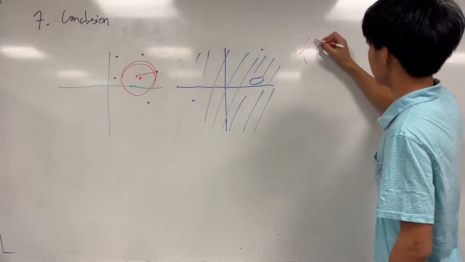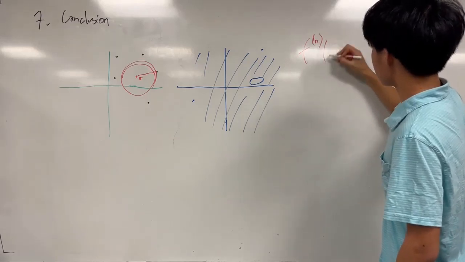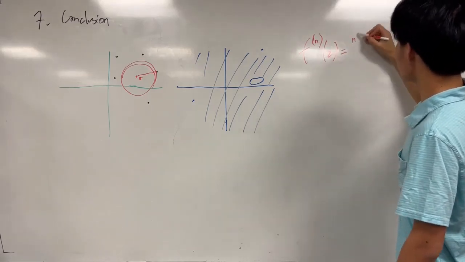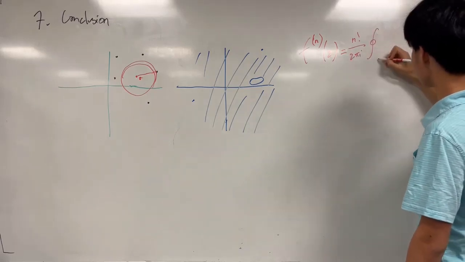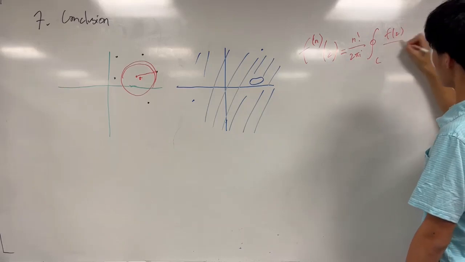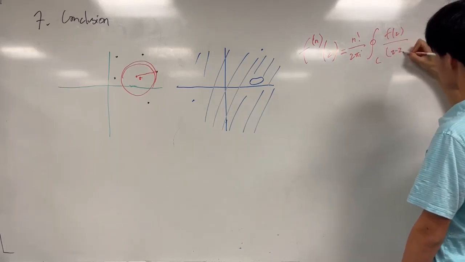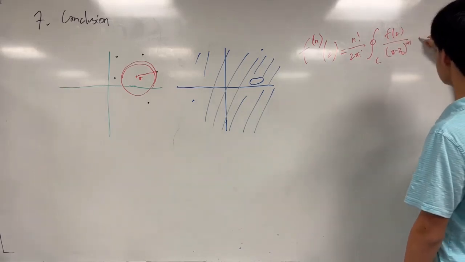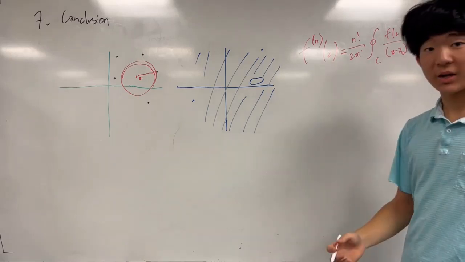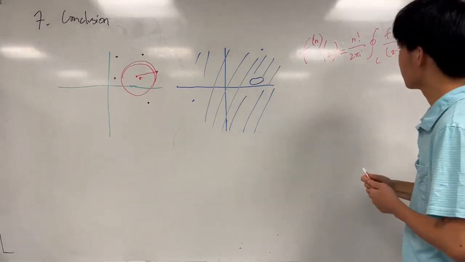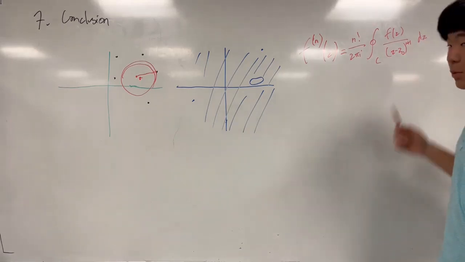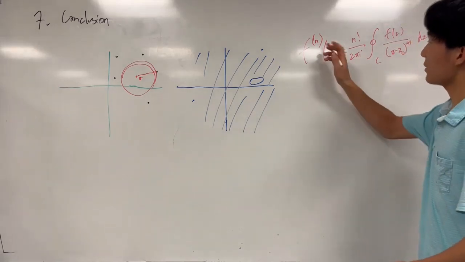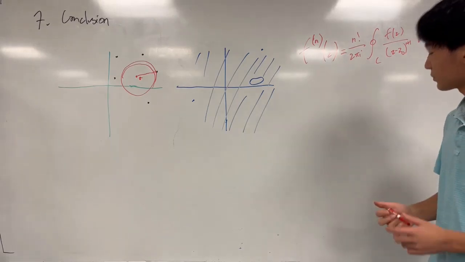Specifically, the nth derivative of f of z is equal to n factorial over 2 pi I times the integral over c of f of z over z minus z sub 0 to the n plus 1 dz. And this does look kind of like Cauchy's integral formula, hence why it's derived from there. But this is a formula that will allow us to get the nth derivative of f of z.